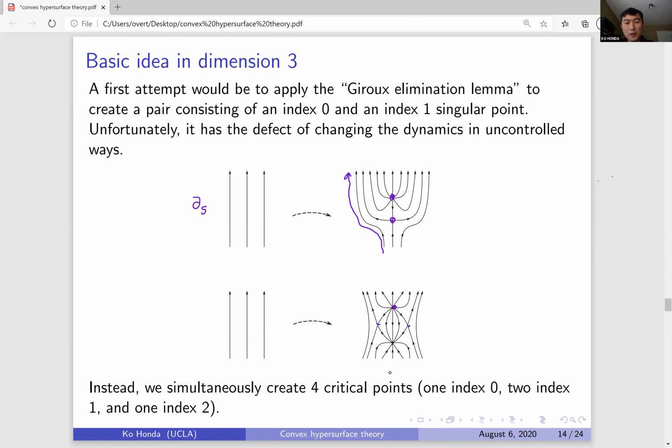You either enter and get sucked into a critical point, or for things that don't get sucked in, you can arrange it so that the holonomy between where you enter and where you exit is trivial, as though nothing happened. Things of this form are called plugs. So that's what we'd like to do.